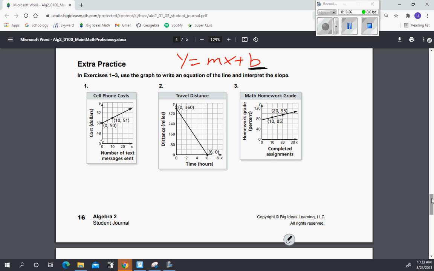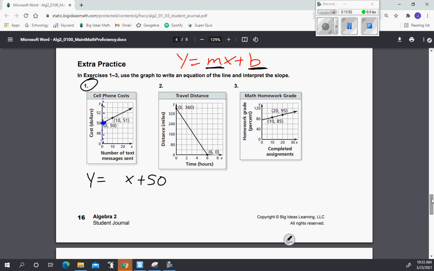Well, what's my y-intercept in number 1? Where does it cross this line here? My line crosses right here at 50, right? So my equation is going to be y equals something x plus 50. I have my b. My m is my slope.